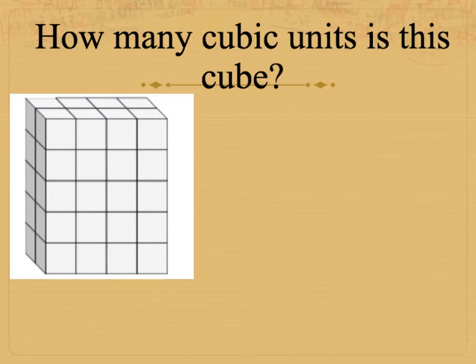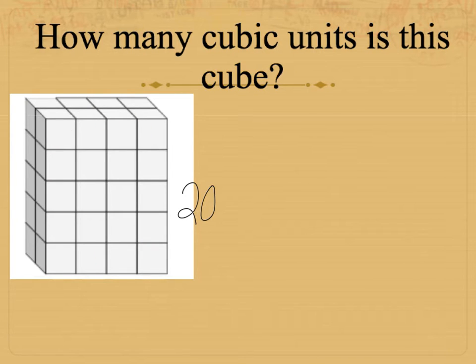All right. So first of all, I'm going to count the ones that are on the front. So right now I'm looking, this whole shape right here is 1 cubic unit. Okay? 1, 2, 3, up to 20. So there are 20 cubic units just on this front part right here, this first face of this cube.